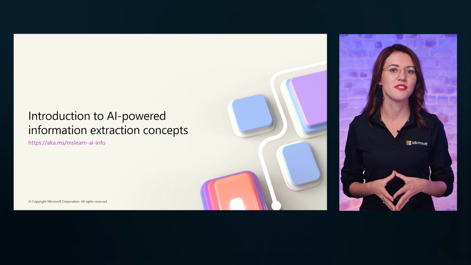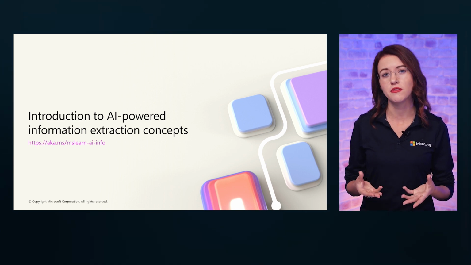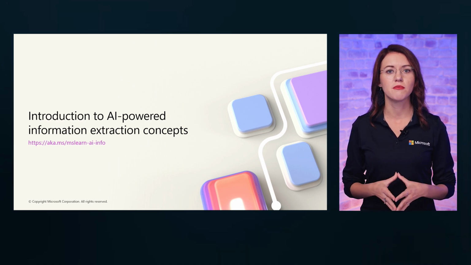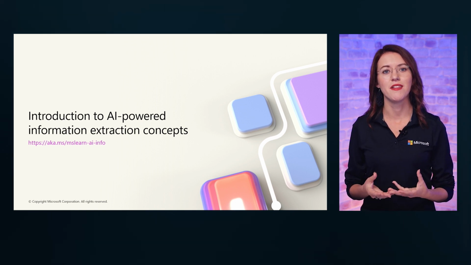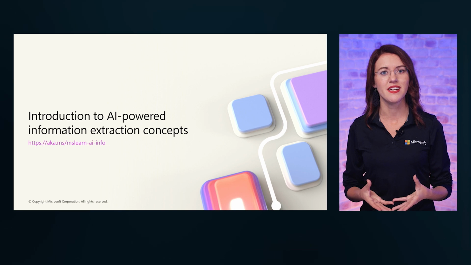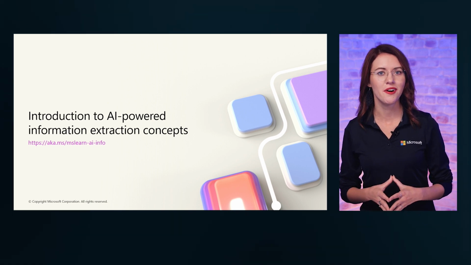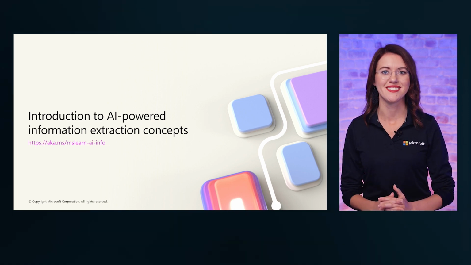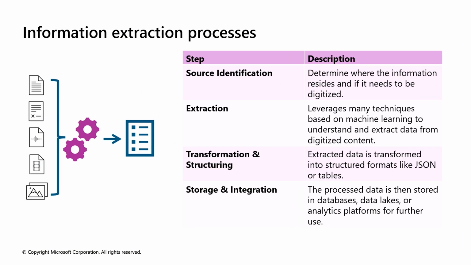Manual processing of this information is slow and prone to errors. AI-powered information extraction automates the process, making it faster and more accurate. In this session, we'll explore the core concept behind these capabilities. The process typically begins by identifying the source of information and digitizing it if necessary.